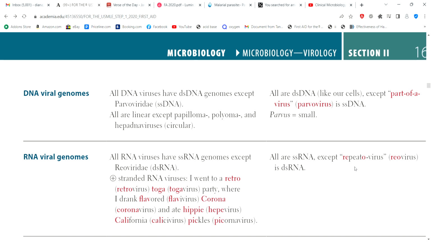Those are circular. All are double-stranded DNA except parvovirus, which is single-stranded DNA.